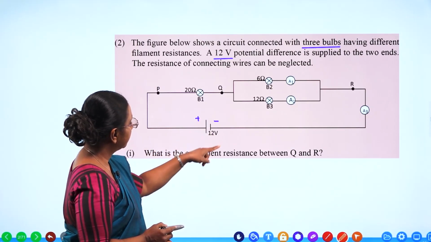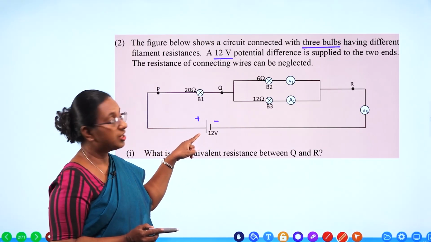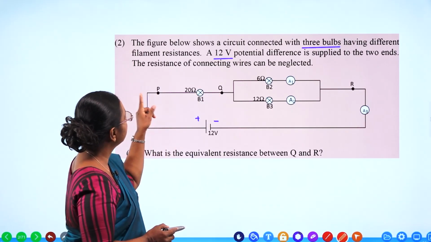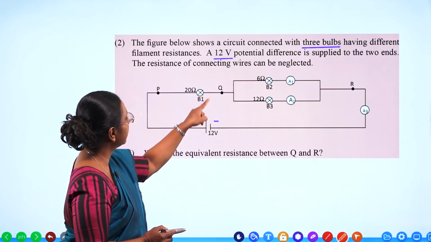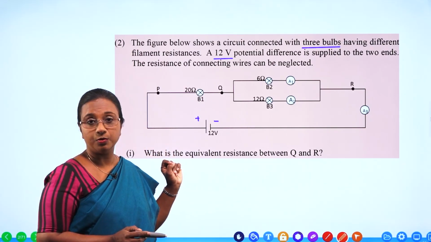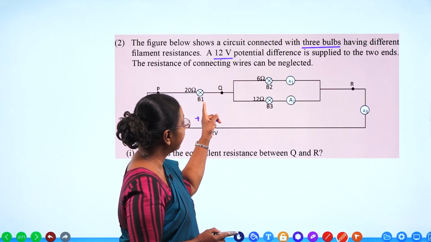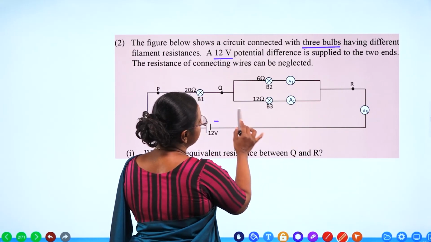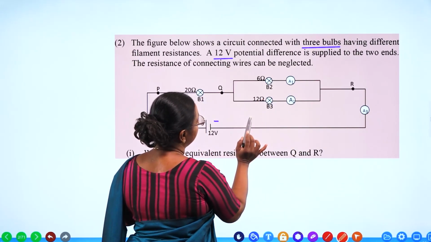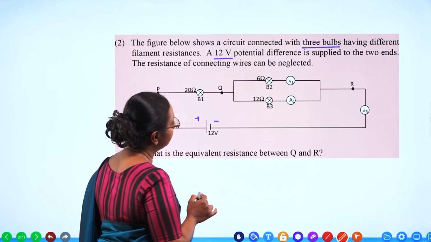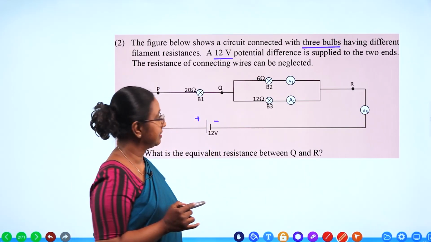So you have the power pack supplying the potential difference, then points P and Q are marked. Between the points P and Q, there is bulb 1, B1, with a resistance of 20 ohm. Then with that, there is a parallel combination here, B2 and B3. B2 has 6 ohms resistance, whereas B3 has 12 ohm resistance.